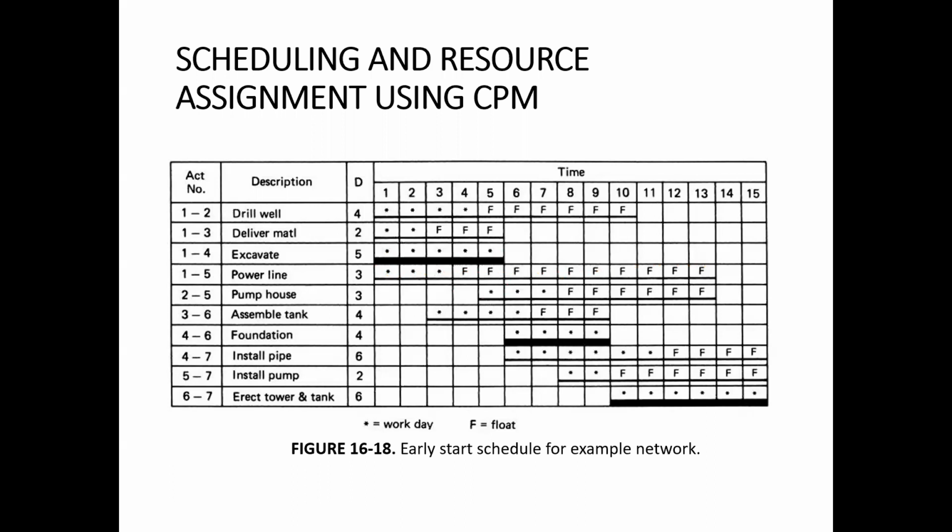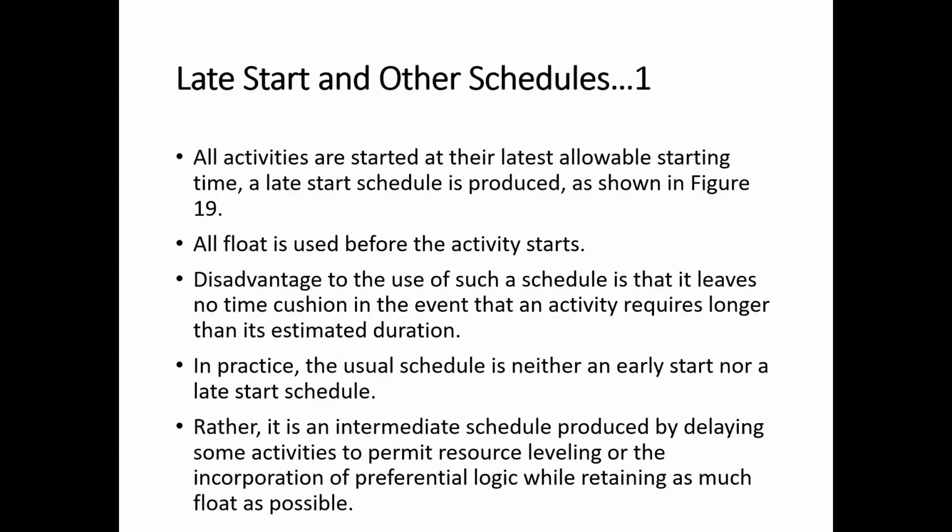This type of bar chart schedule is called the early start schedule for the project. This early start schedule we can use further for resource assignment. Let's see how we can use it.